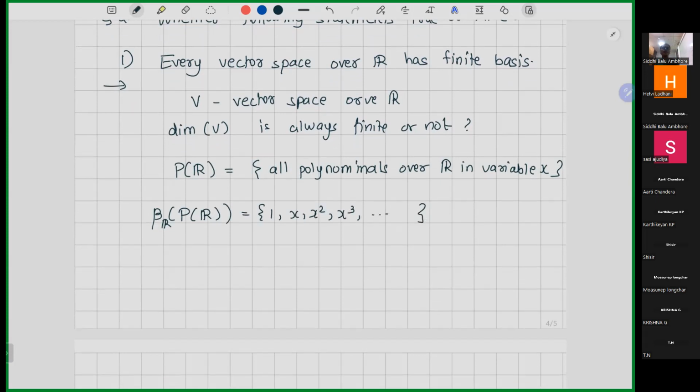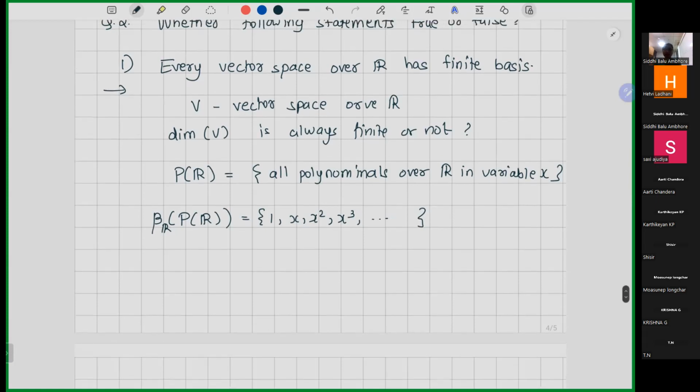It continues. It has infinitely many elements. So this is a vector space over R which does not have a finite basis. The basis of this set is infinite.